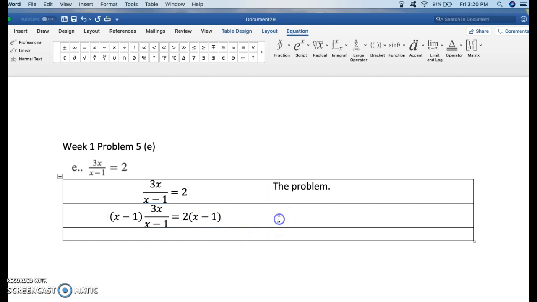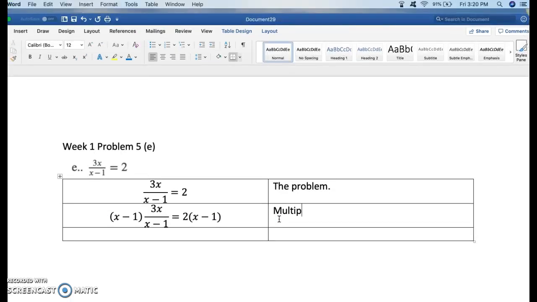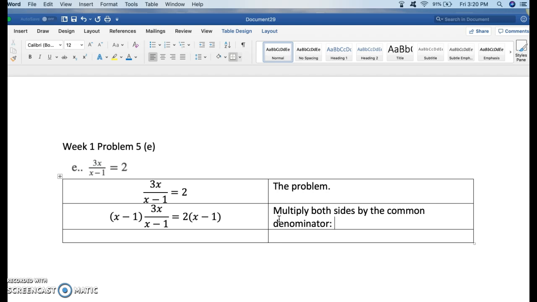And I would say something like multiply both sides by the common denominator. And a lot of times I will actually put that information in. I'm copying the x minus 1, which was my common denominator.